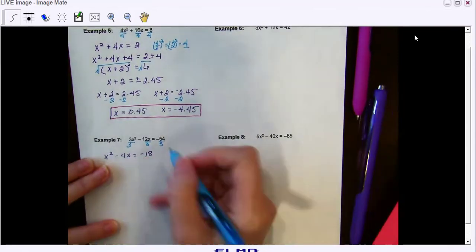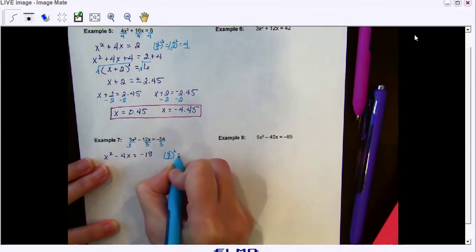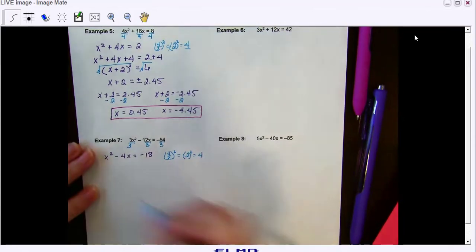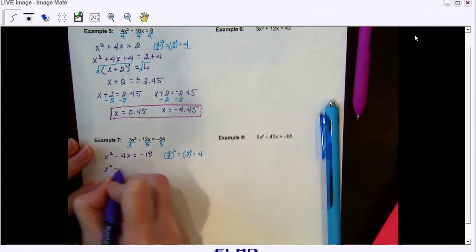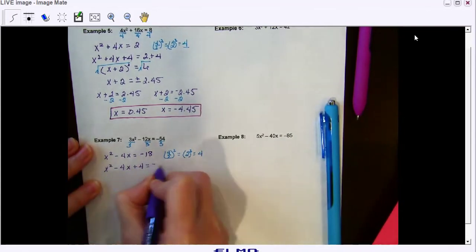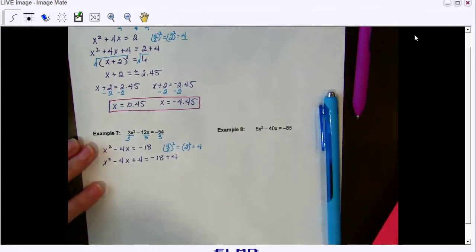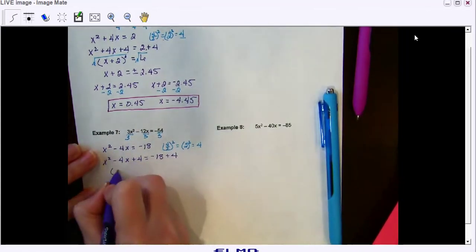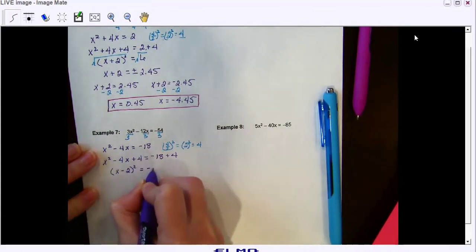We are going to take the b term, half it, square it, and we get 4. And so we're going to add 4 to both sides. Okay. And then we are going to factor this and add this. So we have x minus 2 squared equals negative 14.